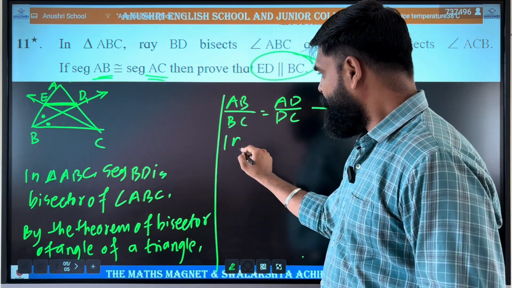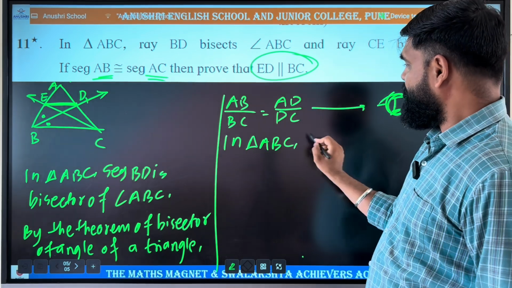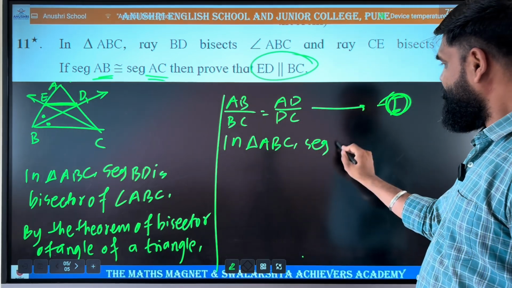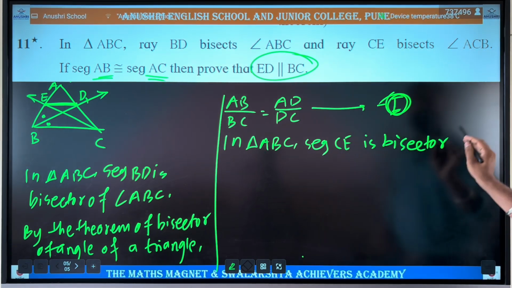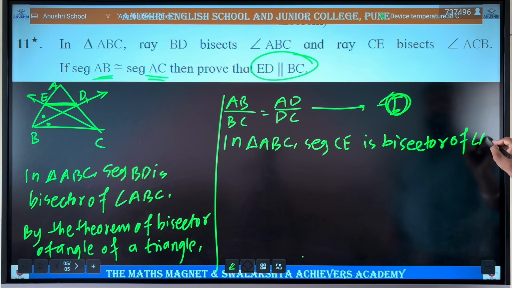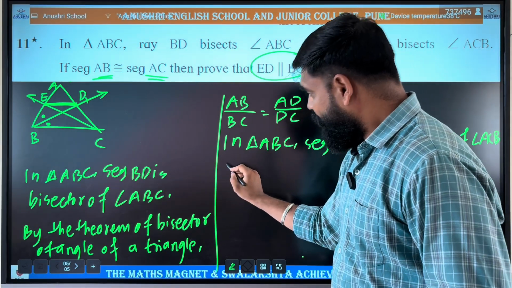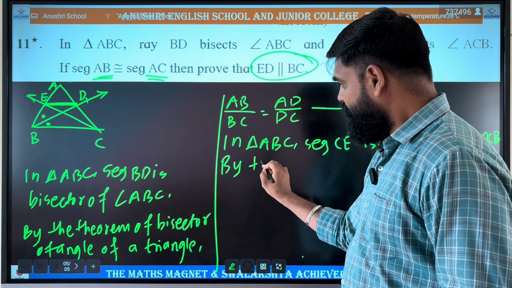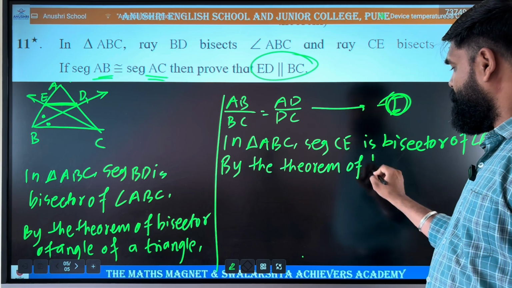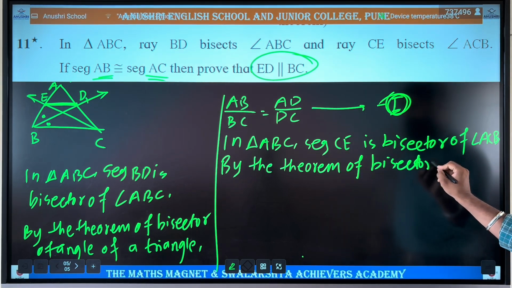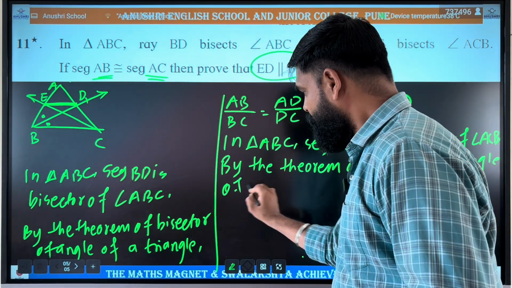So similarly in triangle ABC we have also one information, that segment CE is bisector of angle ACB. So similarly we can use the theorem of bisector of angle of a triangle.